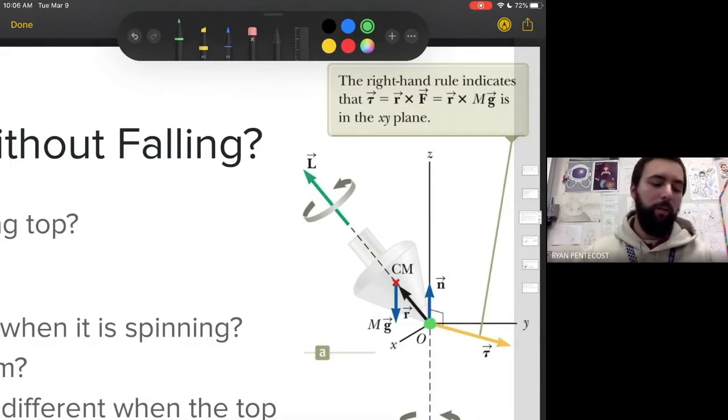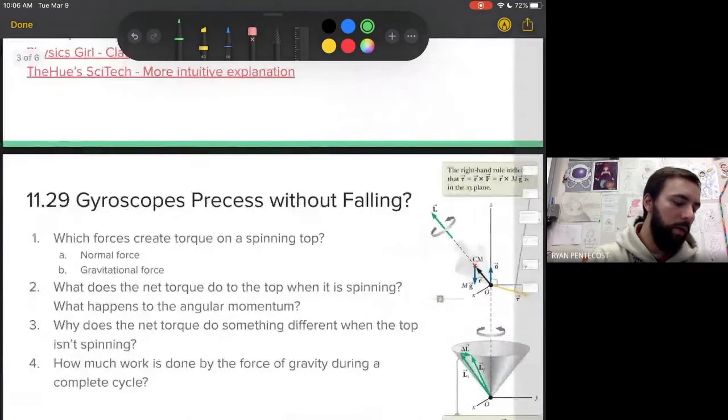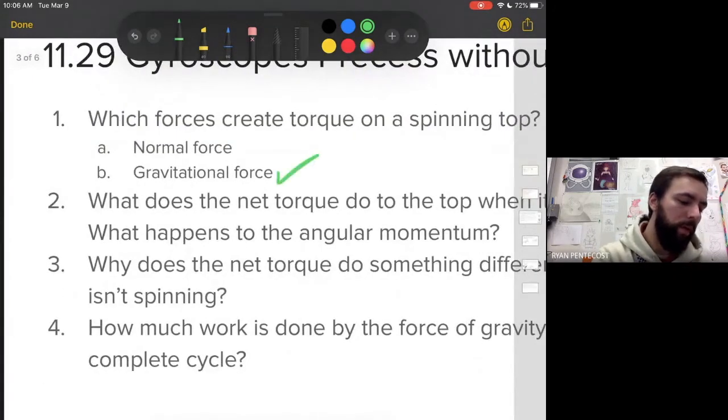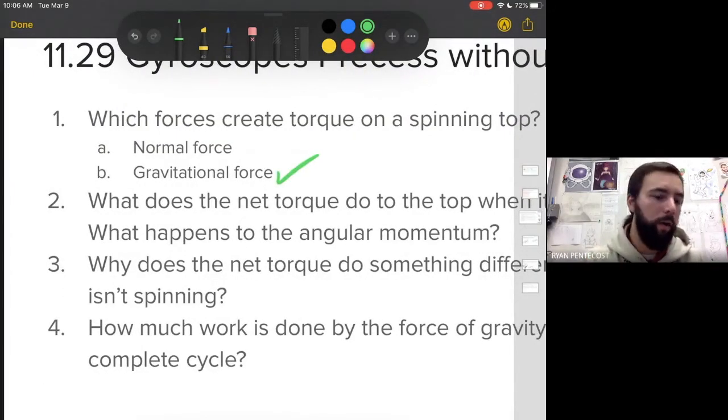Now, if torque were going to create that rotation, that normal force would have to be a radius away from the axis. Since it's not, that normal force is not going to cause torque about that point, which means that mg is going to create the torque. So the gravitational force is what causes our torque.